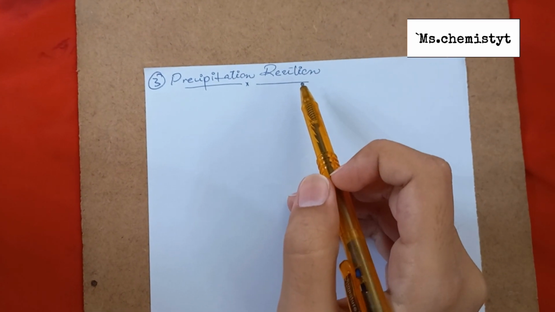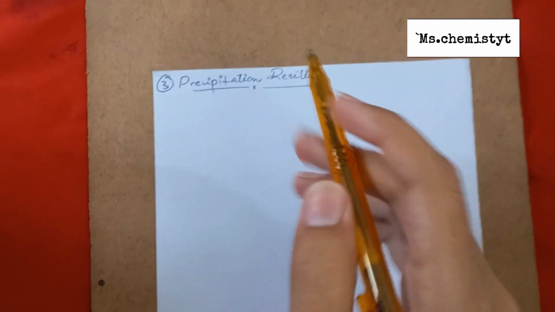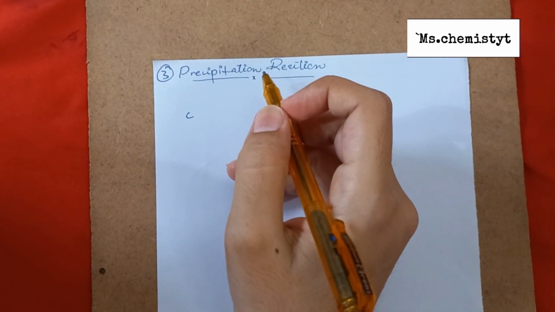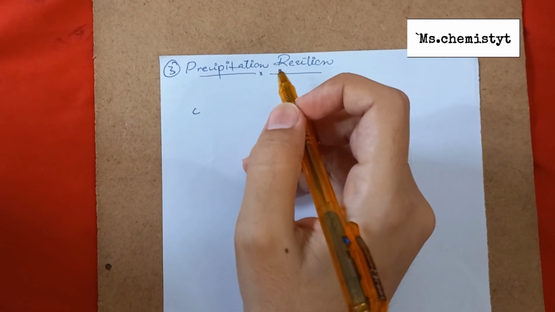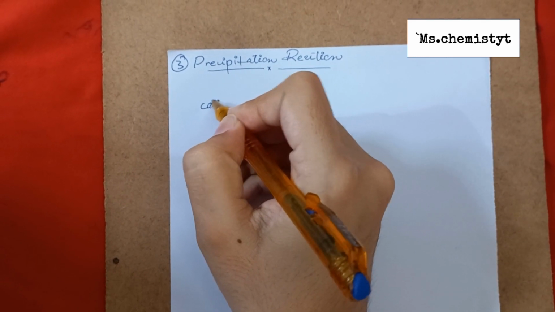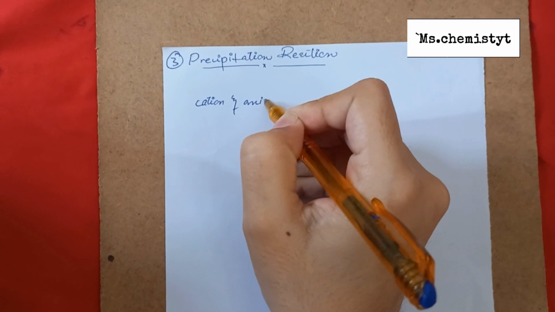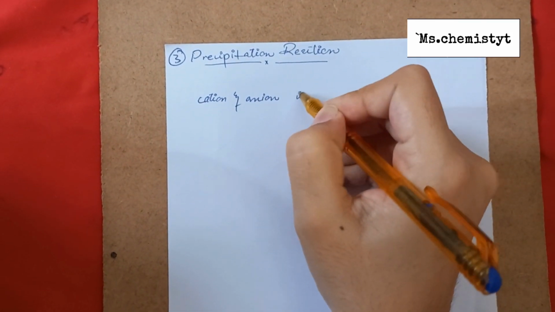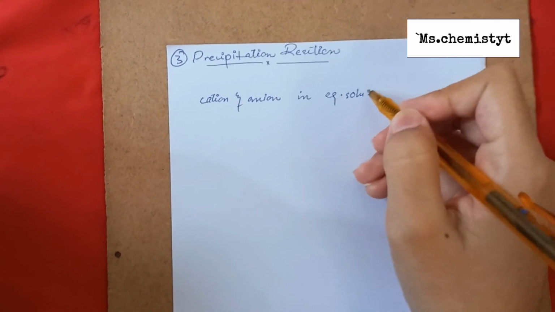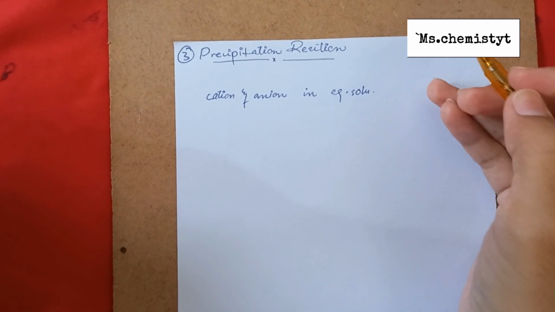Precipitation reaction is a reaction that occurs when cation and anion in aqueous solution combine to form an insoluble ionic solid.